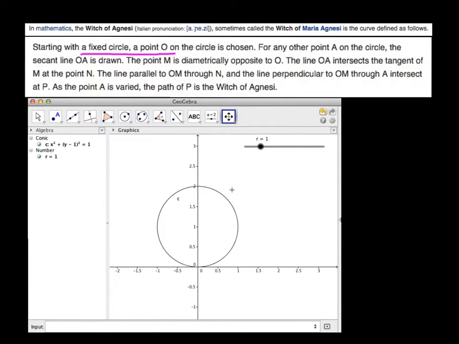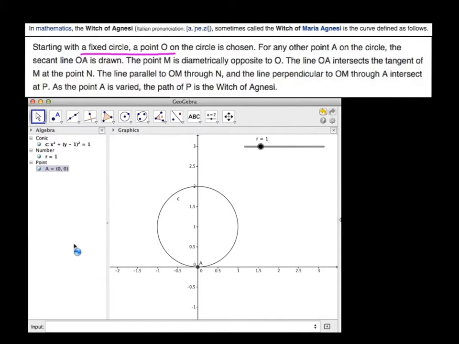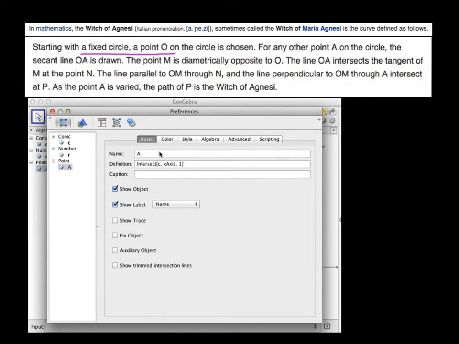I need the point O on the circle. So I'll take the point at the origin of the coordinate system. We'll relabel the point, which was defined as A. So we'll call it O.